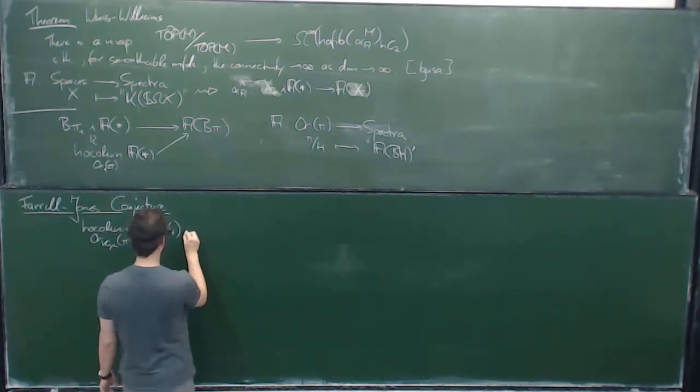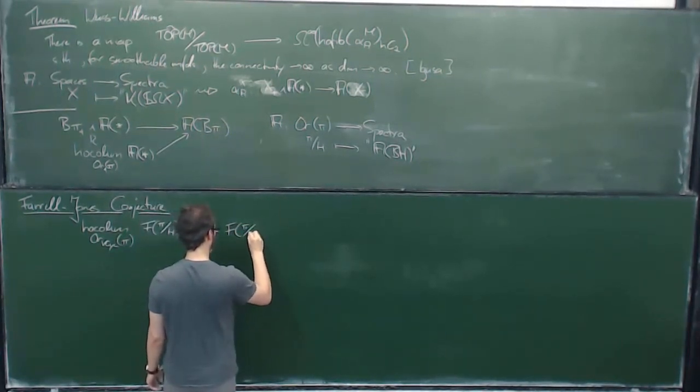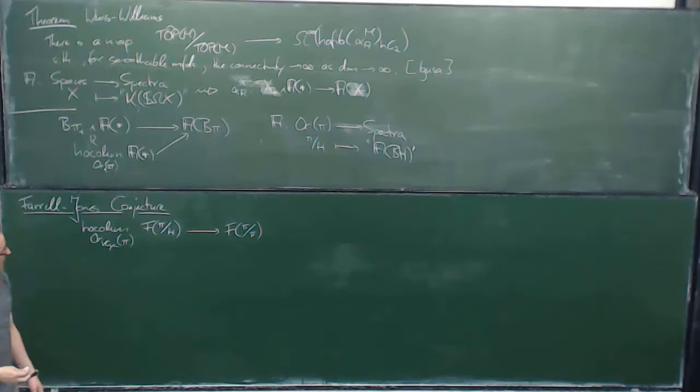Where a virtually cyclic subgroup is a group which contains a cyclic subgroup of finite index. So this is, of course, only an interesting definition if you have an infinite cyclic subgroup, otherwise your group is just finite.